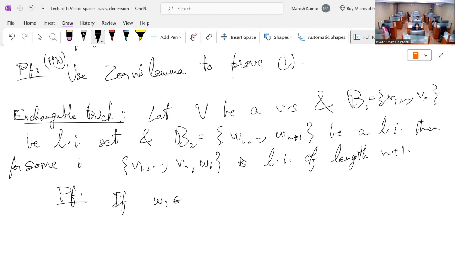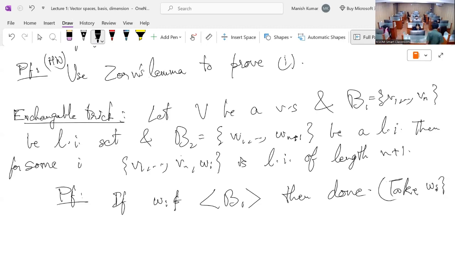Then basically take Wi as your element. And if all the Wi's belong to the span, we will show that it can't happen that all the Wi's belong to the span of this thing.